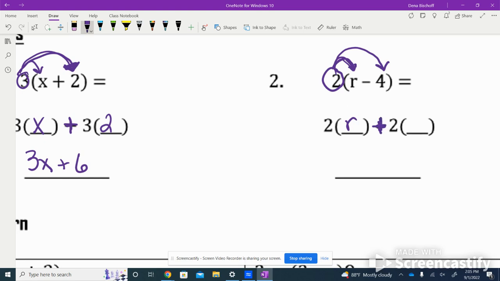I'm changing this to a positive. I want you to understand that this 2 is positive. A positive 2. And what am I multiplying the positive 2 by? What is this term on the inside? -4. So 2 times R is 2R, and 2 times -4 is -8.